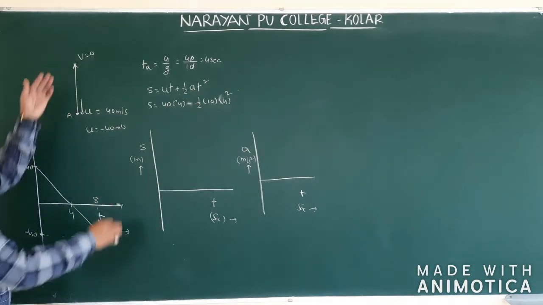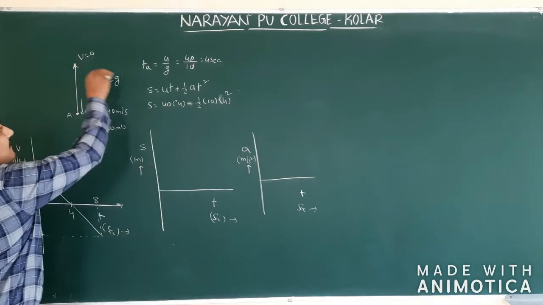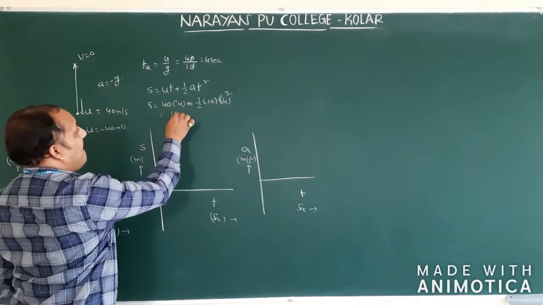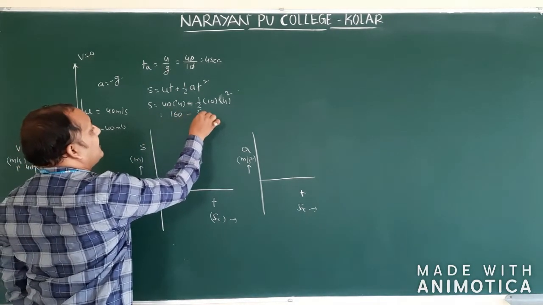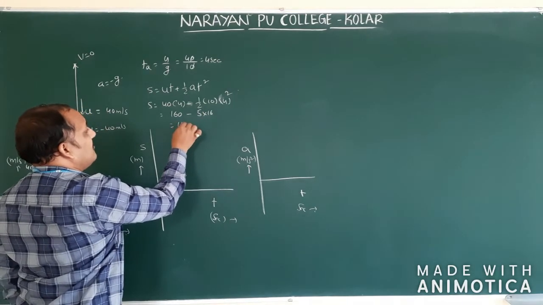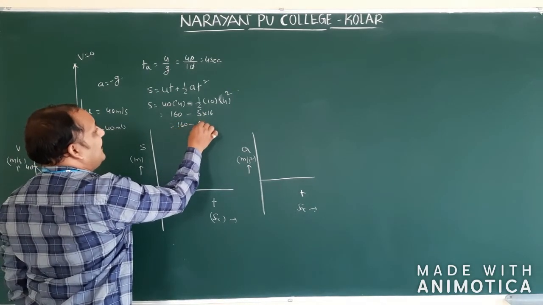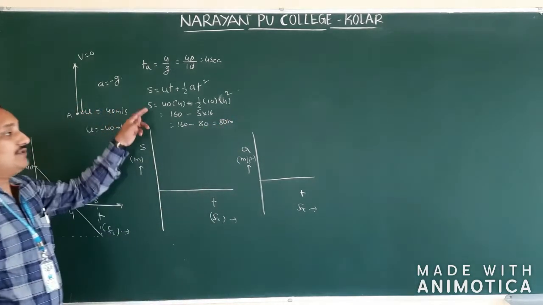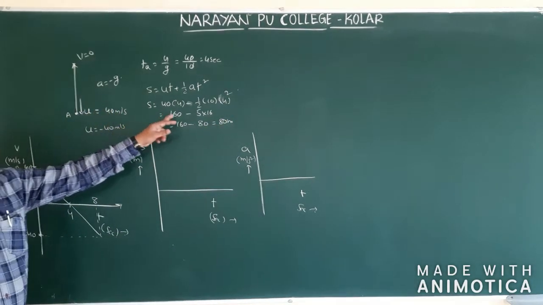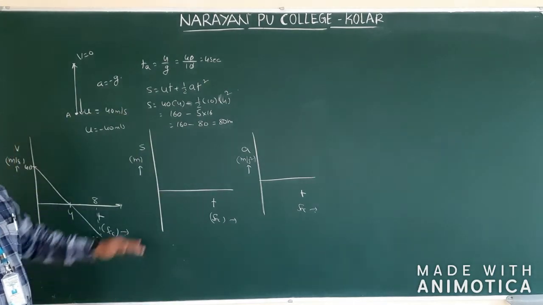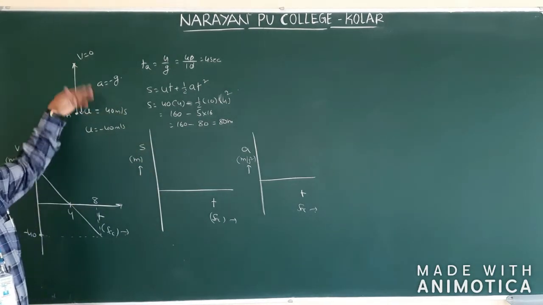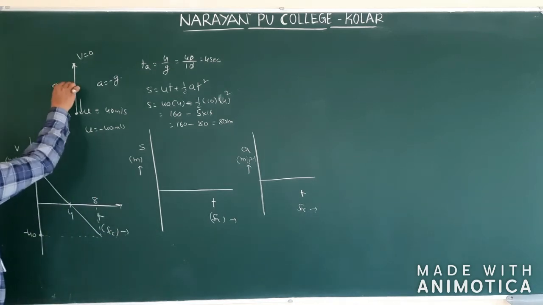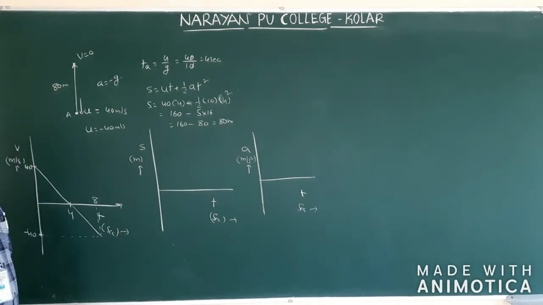Because it is going upwards. Whenever coming downwards, positive. Therefore, how much you will get? 160 minus 5 into 16, so 160 minus 80. Maximum displacement S is equal to 80 meters. Maximum height or maximum displacement. From here to here, how much distance is it going? Displacement 80 meters, isn't it?